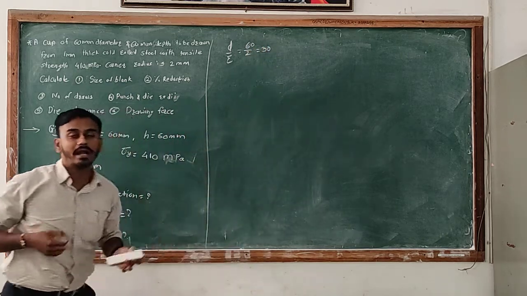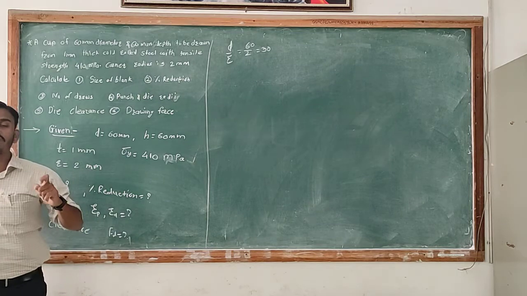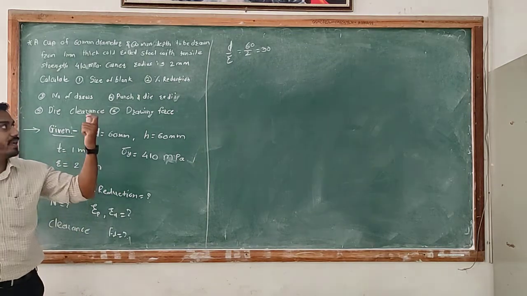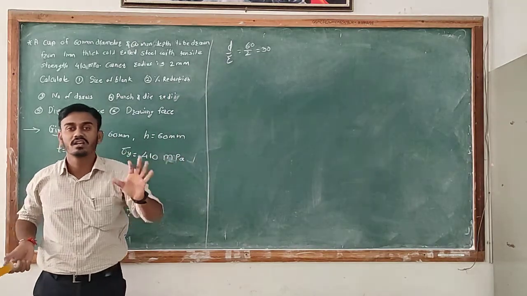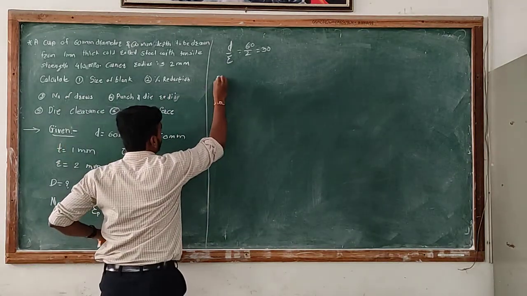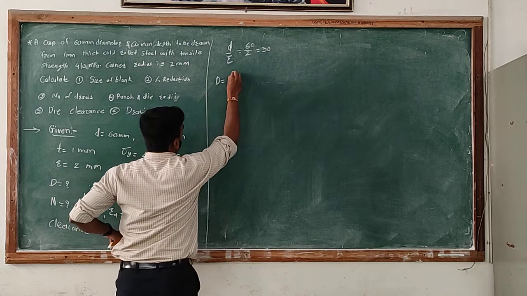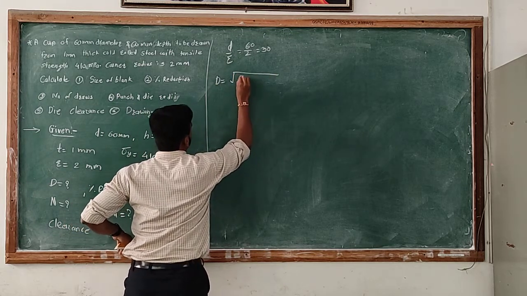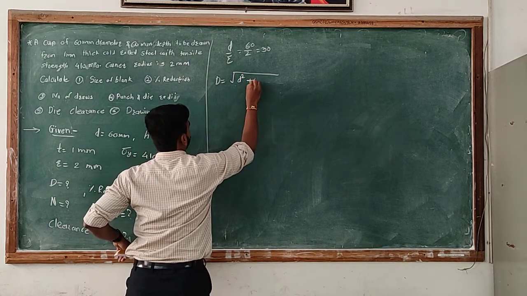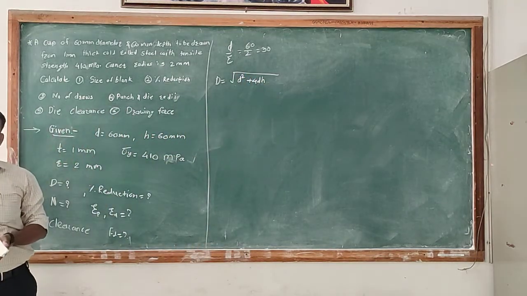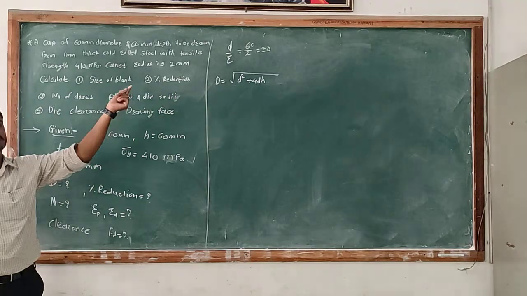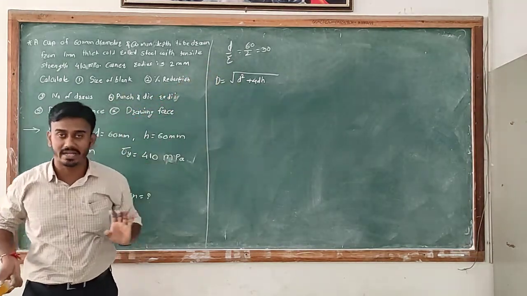The value of d by r is 30, and we have a formula that if this ratio is greater than 20, then D is equal to square root of small d square plus 4 into small d into h. This is the formula when this ratio is greater than 20.